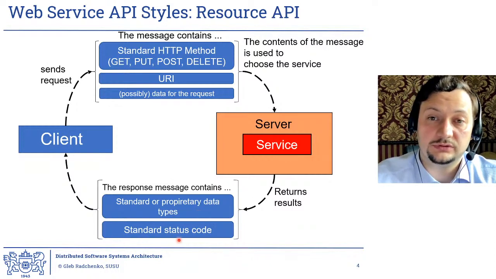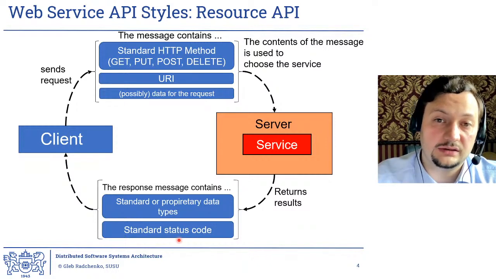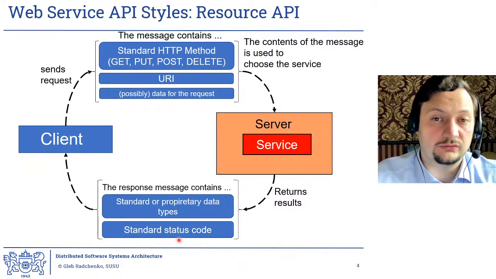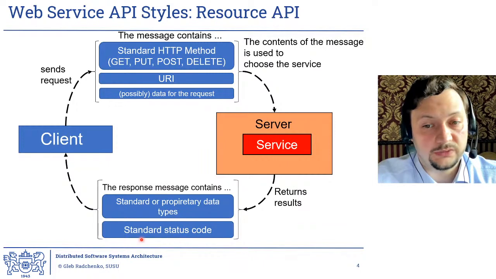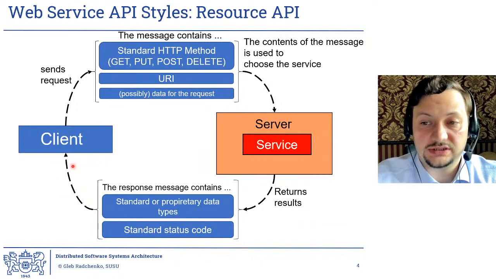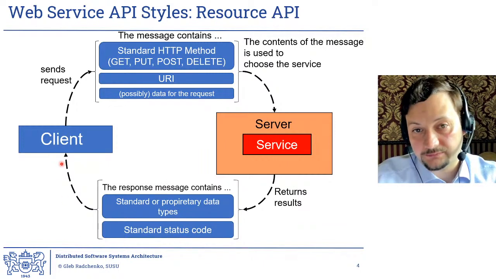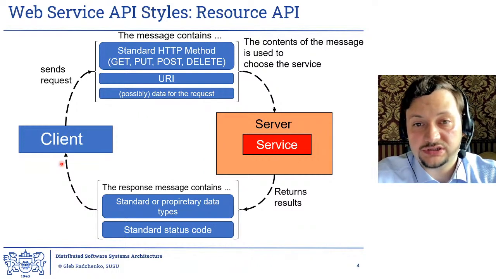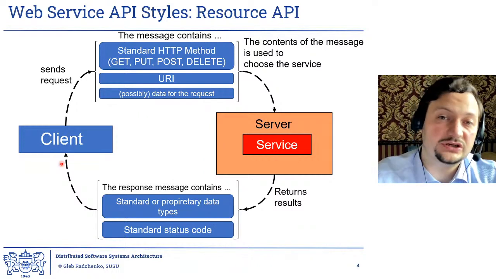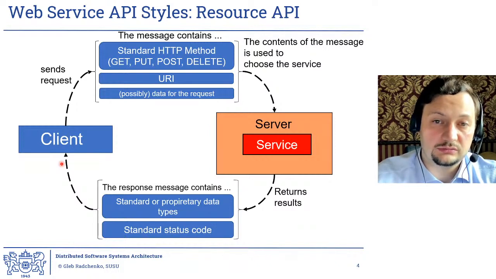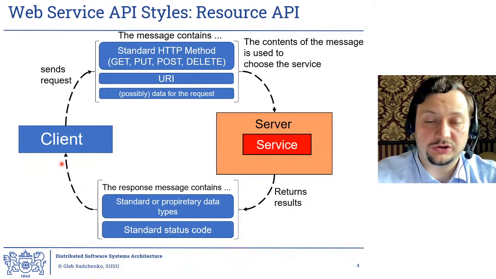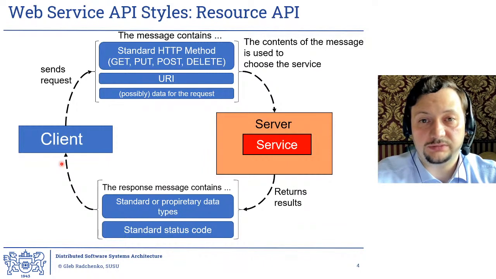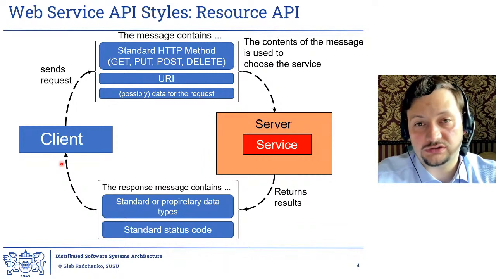For example, 200 OK, 404 not found. And this result is going back to the client. This is the overview of the REST concept, and in this lecture we would go to the discussion about how we should implement these types of services on our remote servers.